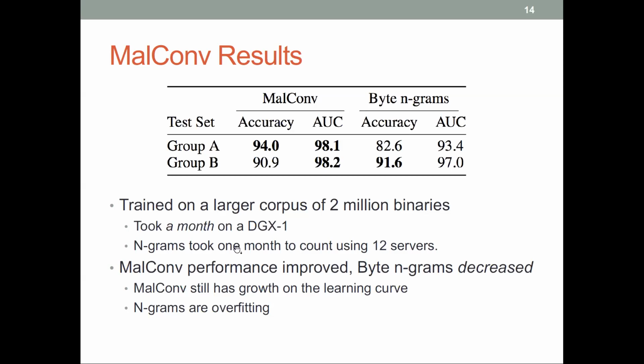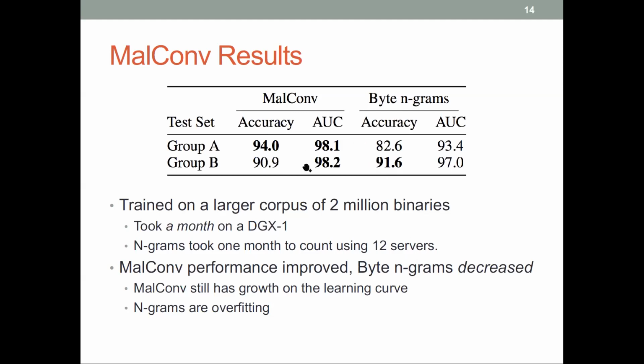And the n-grams model took about a month to count using 12 parallel servers working at the same time. You can see that the accuracy for group A under MalConv is the best, around 94%. However, byte n-gram models do best for group B.